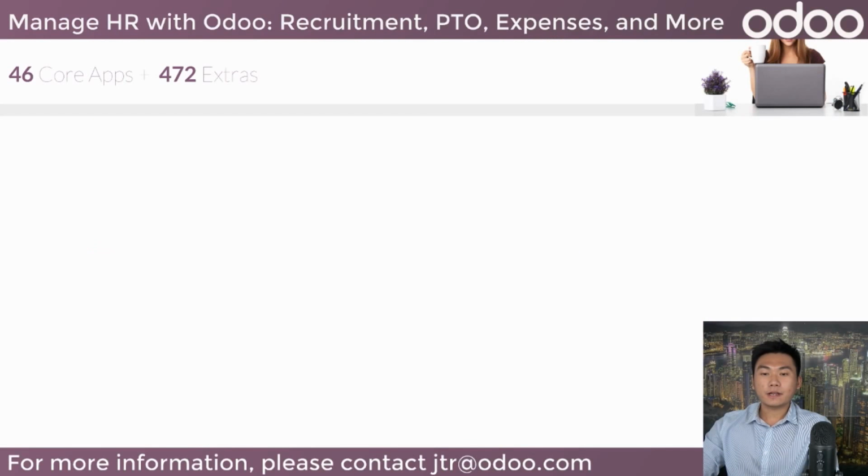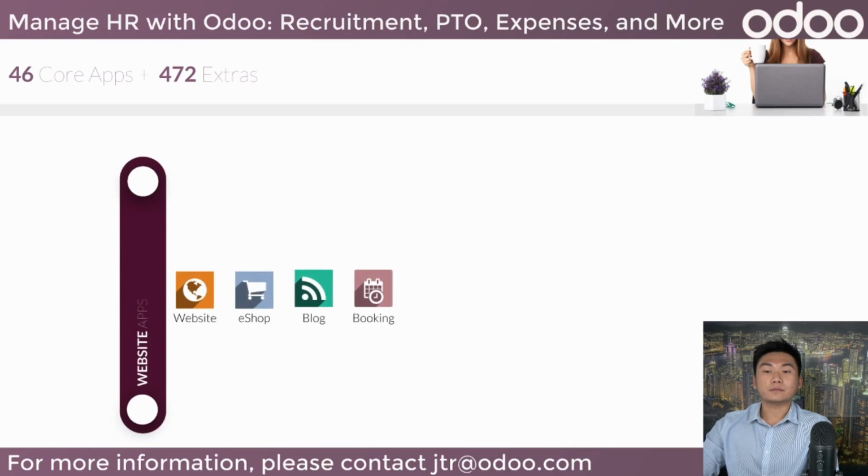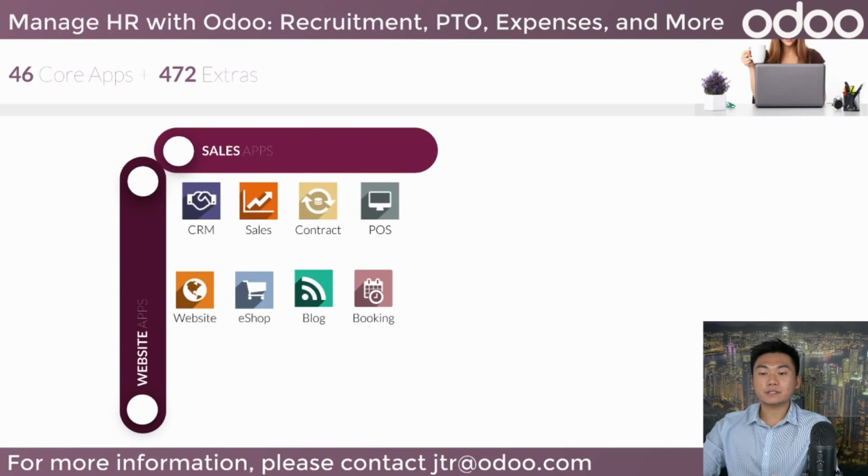Now let's briefly talk about our Odoo functions. We currently have 46 core integrated applications with 472 add-ons. We have website applications where you can set up e-commerce platforms, and sales applications where you can keep track of all your sales records and manage your leads and clients through CRM applications.